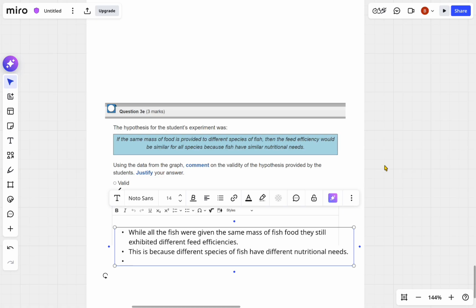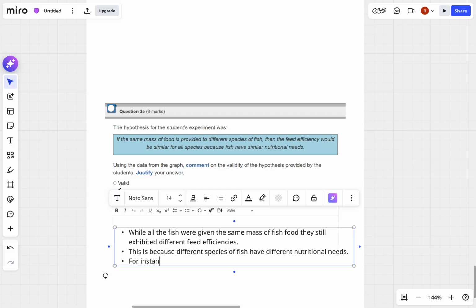Next, let me look at the graph and identify some data that we can use. Let's take data for fish A and fish E. For fish A, the feed efficiency is around 24. Yeah, it's around 24, so we can take that.